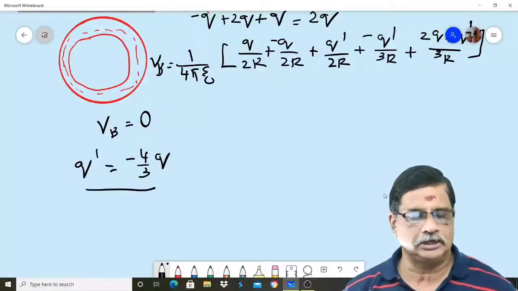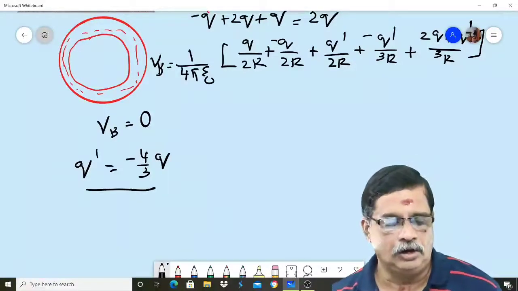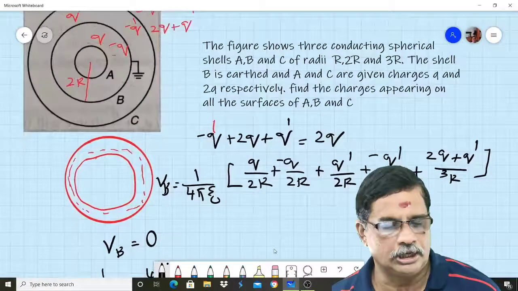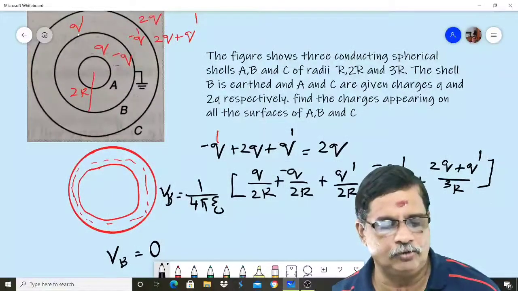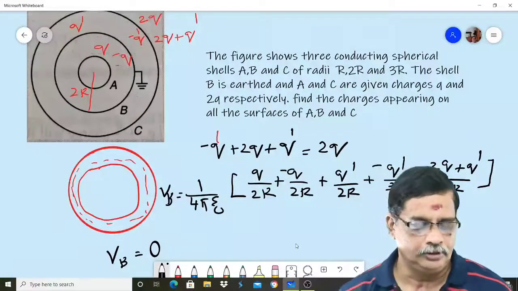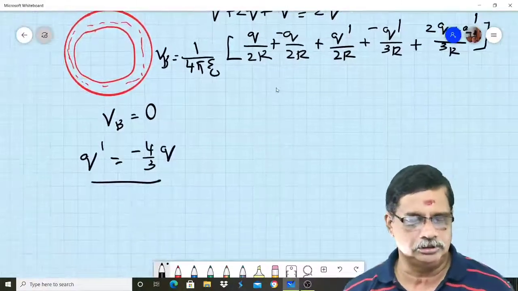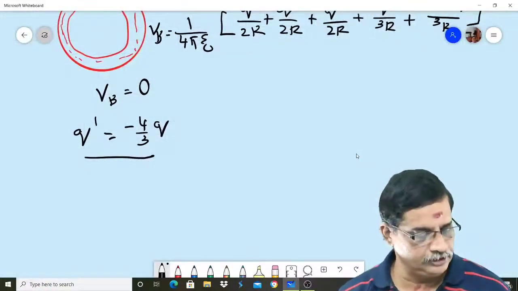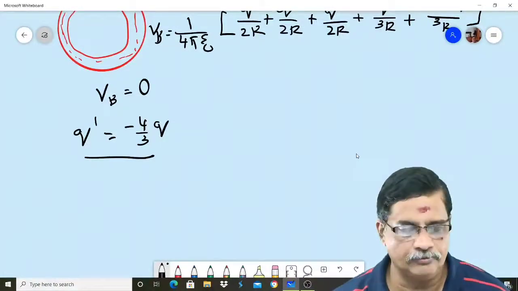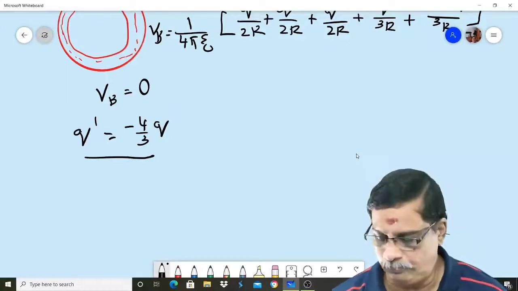So that is the charge appearing on the outer surface of B. See, look at the diagram. On the outer surface of B, we have marked the charge as q dash. So that is what we have obtained now. So q dash is now minus 4 by 3 q. Now we have to find the charge on the outer surface of C, which according to what we have written here, is 2q plus q dash.